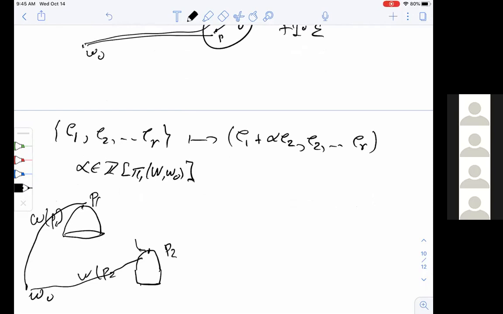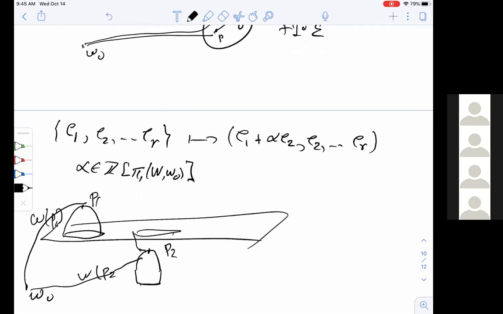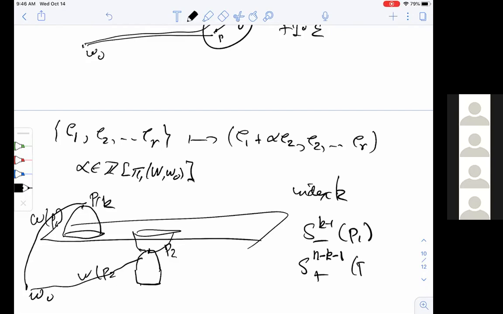Okay, and at this intermediate level, P1 and P2 have the same index, K, let's say. So we have an S^(K-1), the descending manifold for P1, and we have an S^(N-K-1), the ascending manifold, for P2.